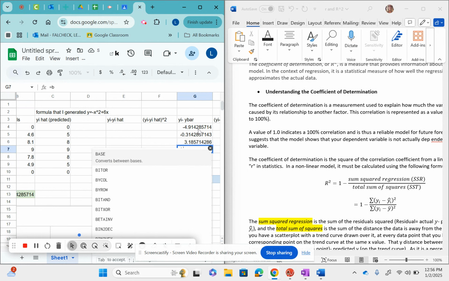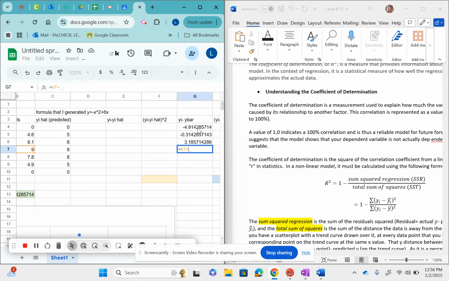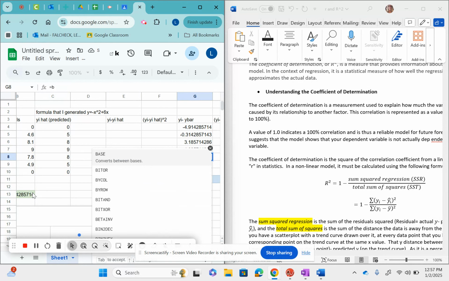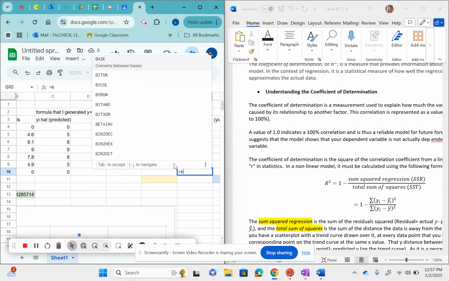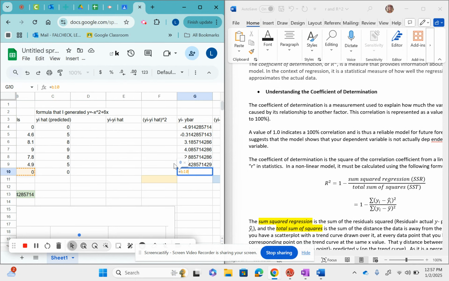This is b7 minus b13. And this is going to be b8 minus b13. This is going to be b9 minus b13. And then b10 minus b13.